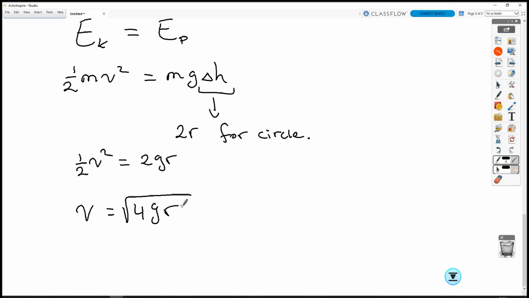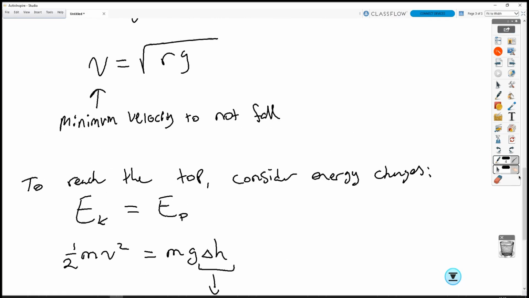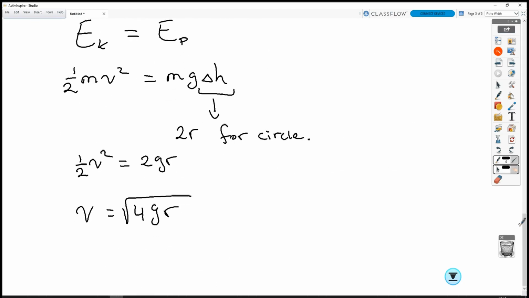Now if we compare that to what we had above, you can see that it's v equals root rg, versus v equals root 4rg. So this is 2 times bigger than that value we had up there, because square root of 4, that's 2. So it's 2 times root rg. So it's 2 times bigger than the minimum velocity not to fall down in order to reach the top.